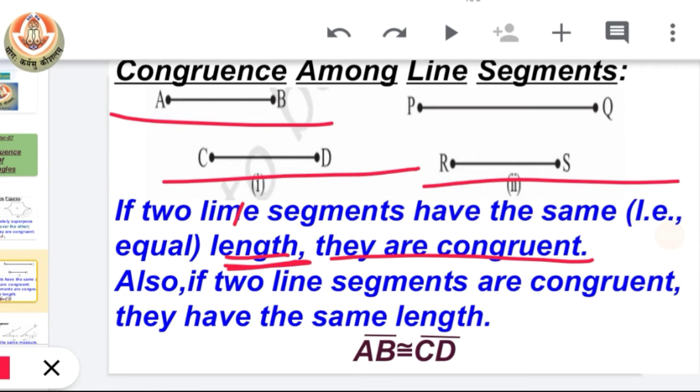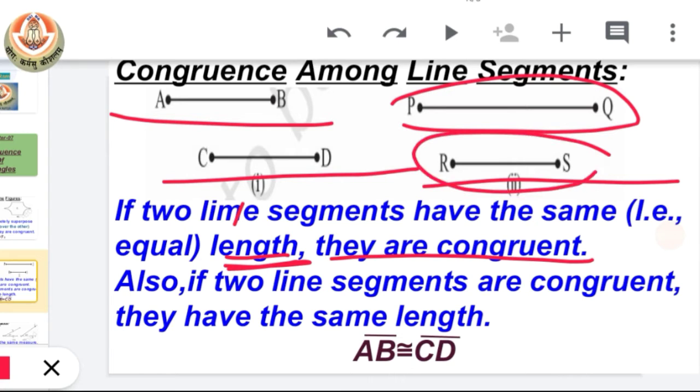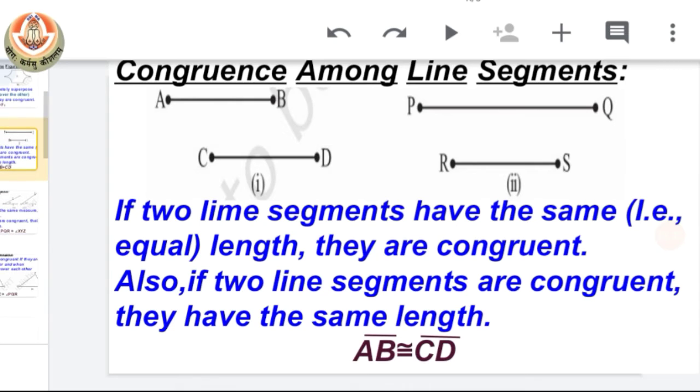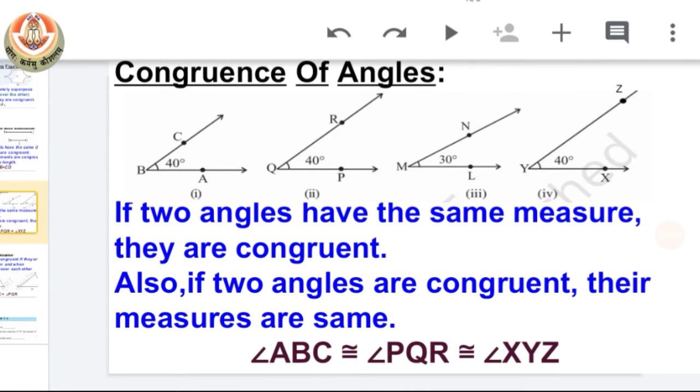But PQ is not congruent to RS, as PQ has a much larger length than RS. We write it as AB with a bar over it, which means it is a line segment, is congruent to CD.